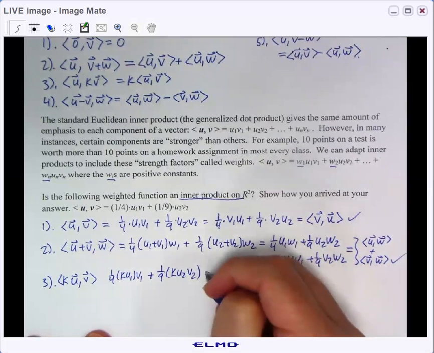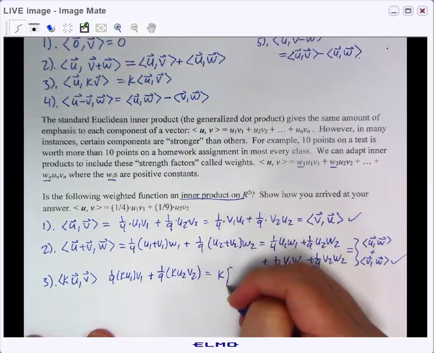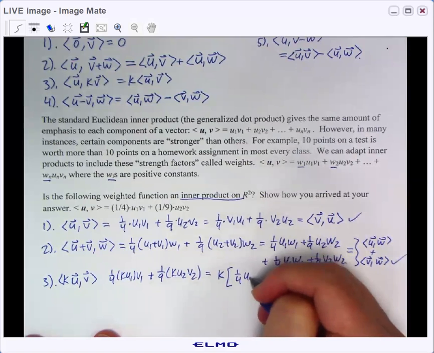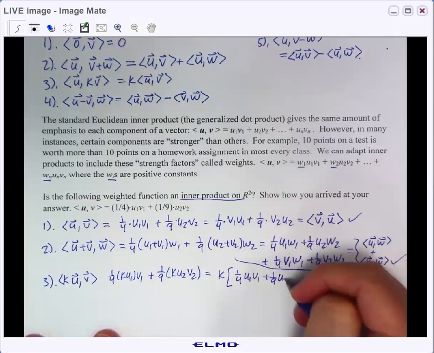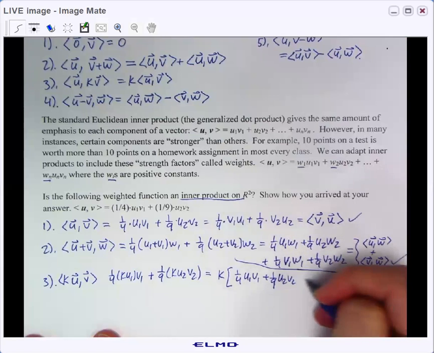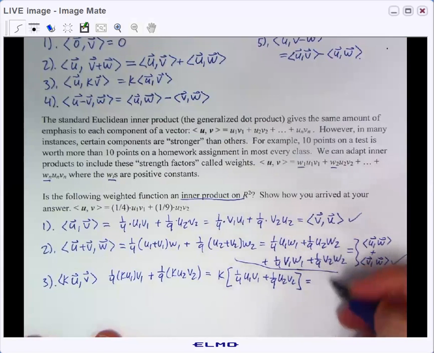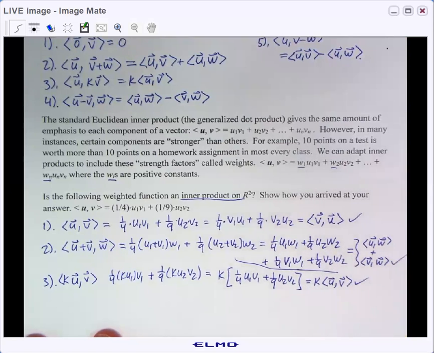But you can see that we can factor out a K from all of that, getting K times 1/4 U1 V1 plus 1/9 U2 V2. But that would be simply K times U inner product V. So it works as well.